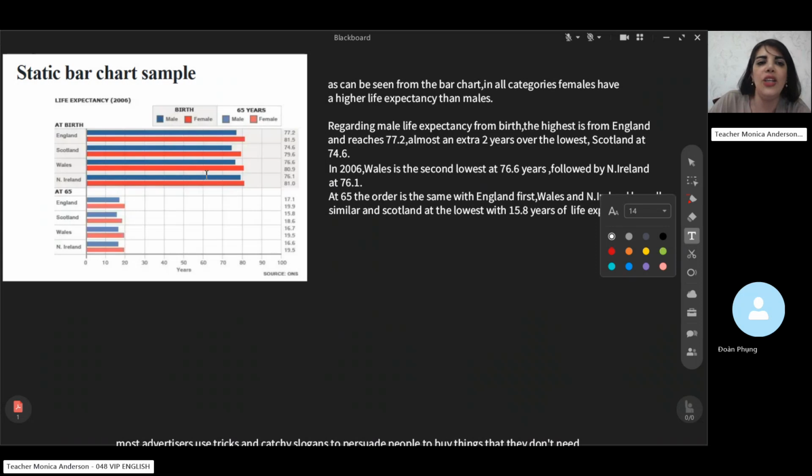Again, for female, the same trend that England followed. First of all is England, and after that Northern Ireland, and they're approximately the same.